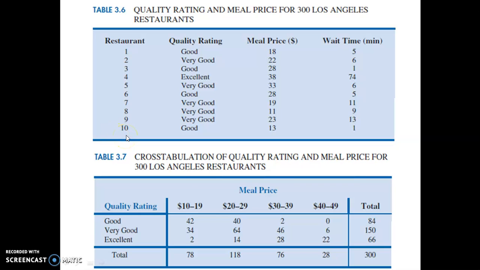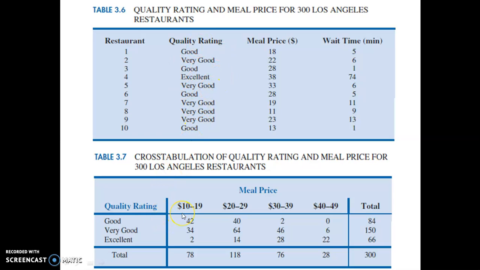We may not be able to give all the restaurant ratings in a single table itself. If we give that, the analysis will be a little difficult. So we are going for another approach. Here the quality rating is given as good, very good, excellent. These are the three categories we have given in this table.